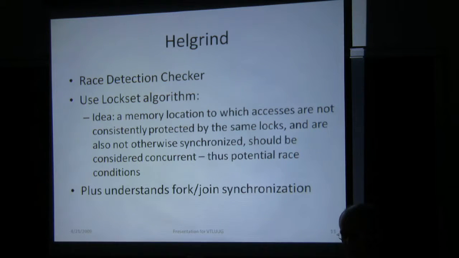One way in which it can be synchronized is by using locks. So, what this tool does is, whenever a shared variable is being accessed by any thread, it records which locks are currently held. And if a variable is correctly protected, then the same lock, or the same set of locks, must be held whenever that variable is being accessed.